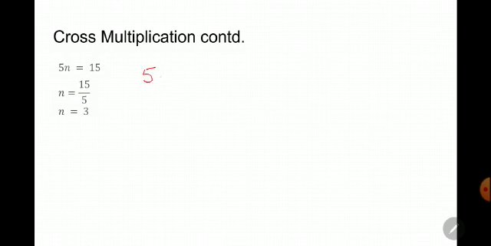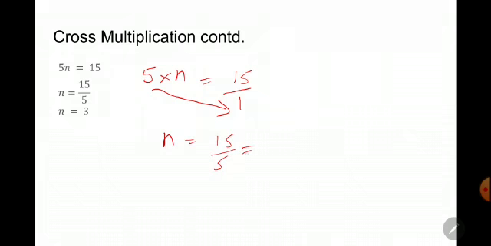Here 5n is nothing but 5 into n is equal to 15 by 1. If we move the 5 to the right hand side, it goes from being a multiple to a divisor. Here n becomes 15 divided by 5, which is nothing but 3.